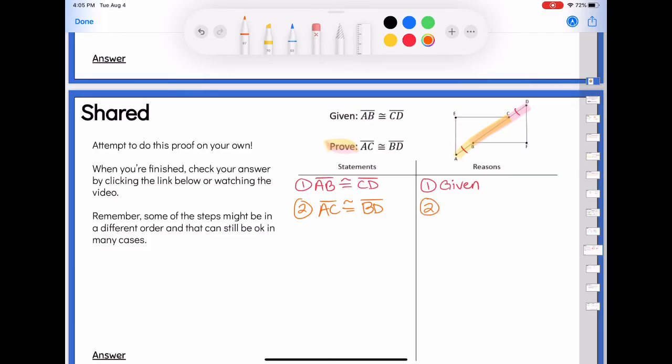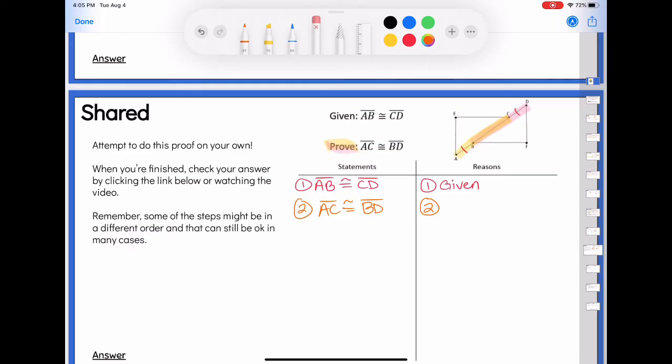Now, am I adding the same exact segment to both, or am I adding two congruent segments? Well, if I look at that, how many total segments am I talking about? 1, 2, 3. The two that I know are congruent and the one in the middle that I'm going to add to both of them, right? So this is the same segment.